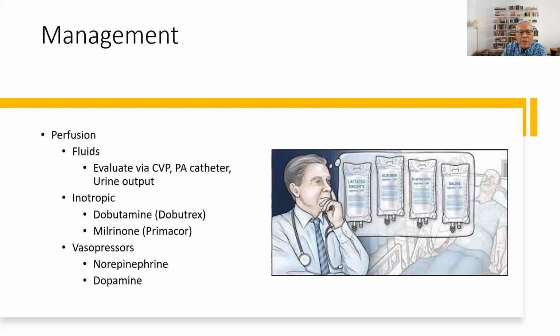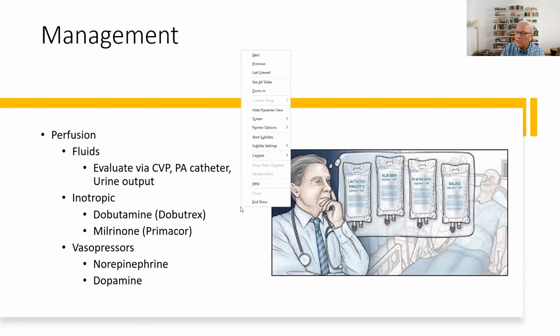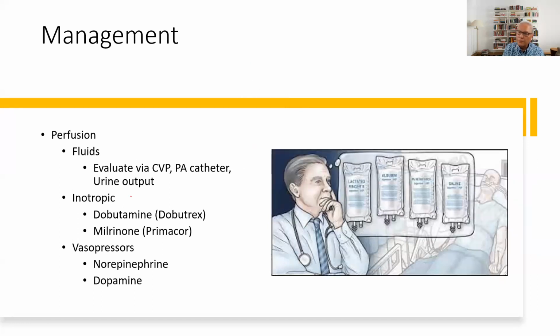So the other way in which we could maintain perfusion is to use inotropic agents. So what is inotropy? Inotropic agents are agents that improve contraction. Inotropy has something to do with myocardial contraction.